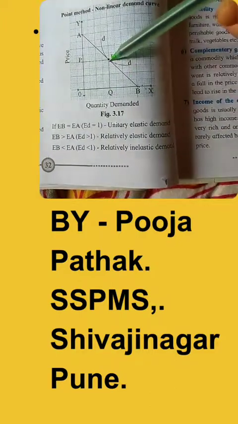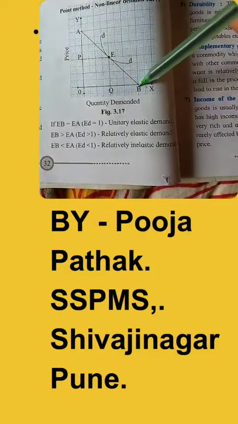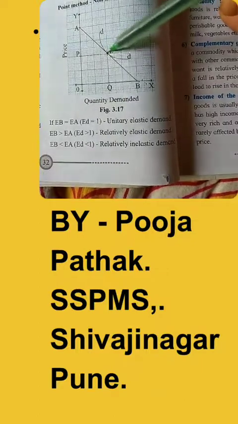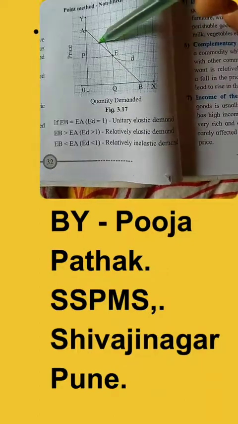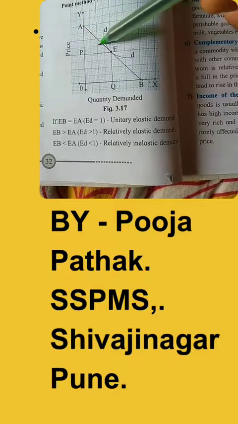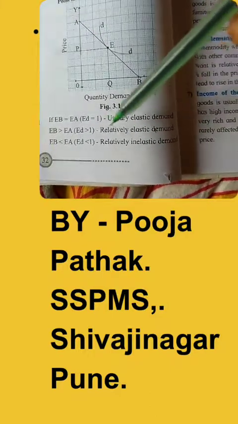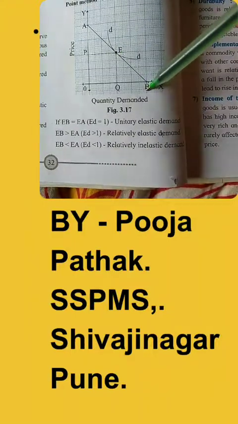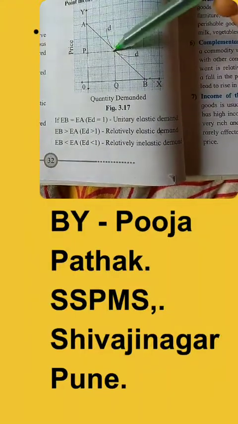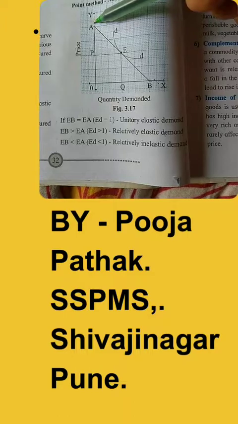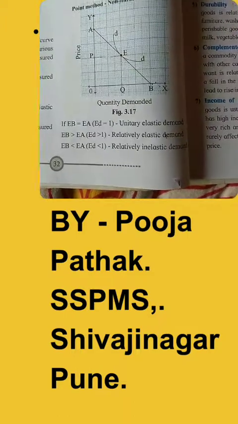If EB is greater than EA, then it will be relatively elastic demand. And if EB is smaller than EA, then it will be relatively inelastic demand.